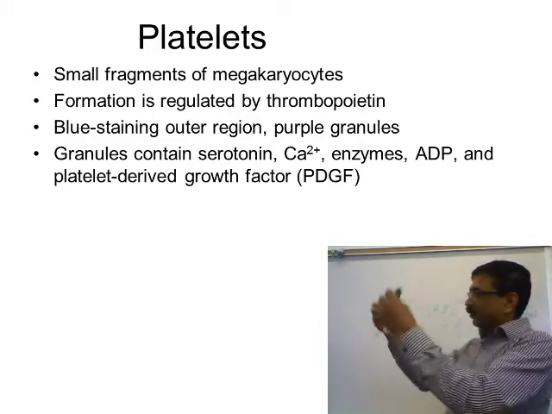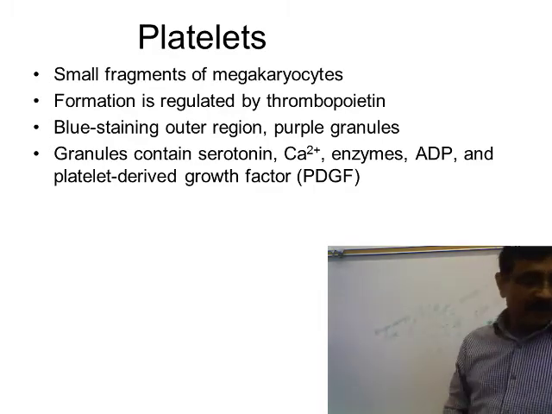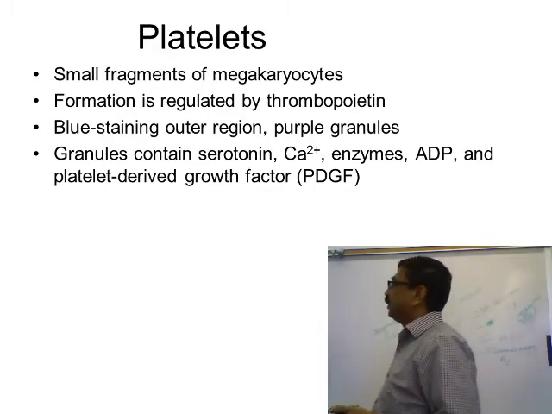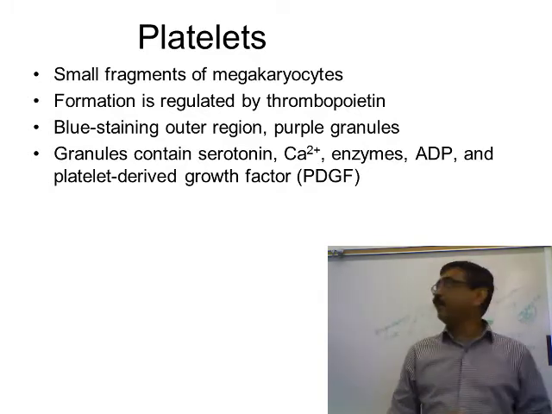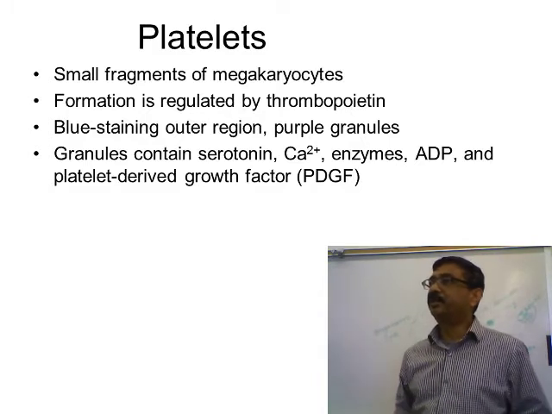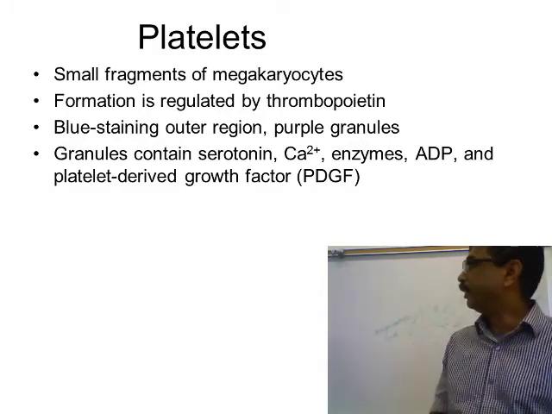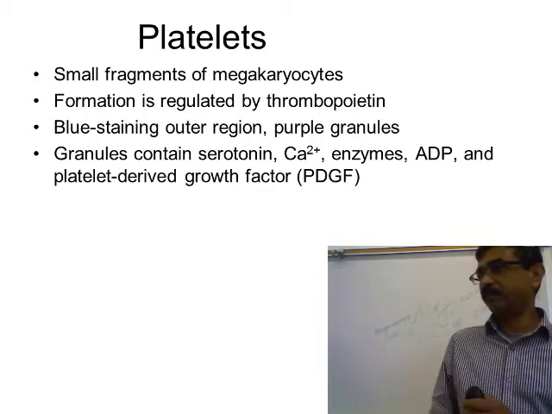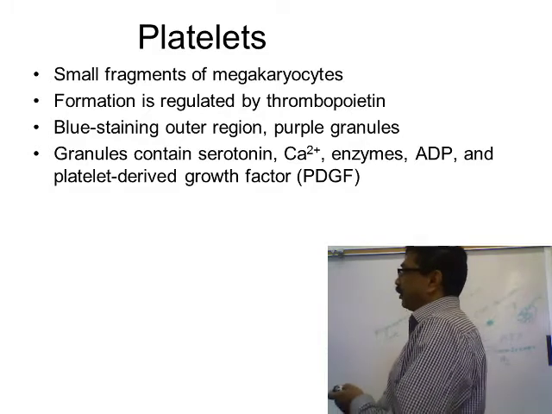So they will get attached to each other and form the plaque. The count of platelets in 1 microliter of blood is 150,000 to 400,000. Okay. So that is the count of platelets in 1 microliter of blood.